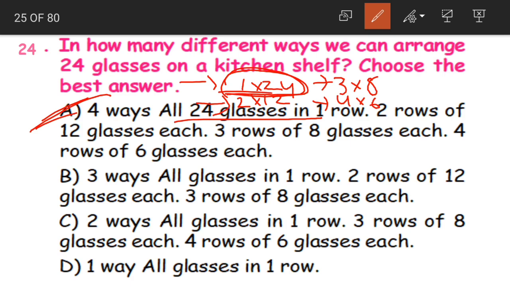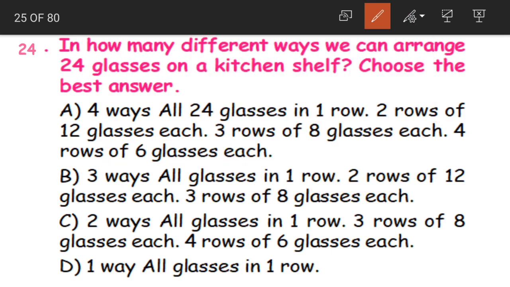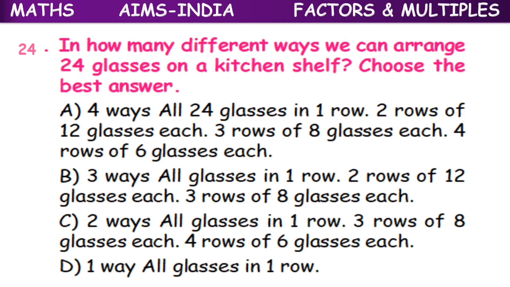All 24 glasses in one row, or 2 rows of 12 glasses each, or 3 rows of 8 glasses each, and lastly 4 rows of 6 glasses each, children. We have solved word problems like this also, right? How did we solve?